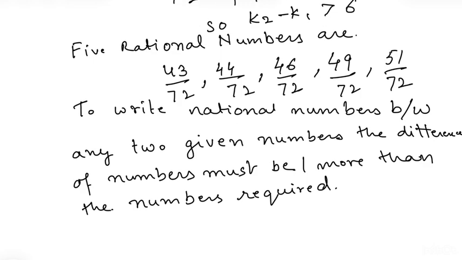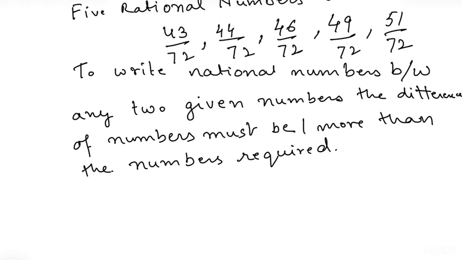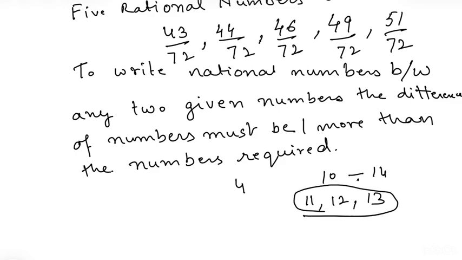And why it is so, देखिए एक बार मैं आपको explain भी कर देती हूँ. Suppose I have to write 4 numbers between 10 to 14. डिफरेंस तो 4 है, बट आई एम एबल टू राइट. क्या लिख सकती हूँ? 11 लिख सकती हूँ, 12 लिख सकती हूँ, 13 लिख सकती हूँ. तो हमेशा एक उससे कम ही लिखा जाता है. तो मुझे यहाँ पर अगर 15 होगा देन आई एम एबल टू राइट 4 नंबर्स.